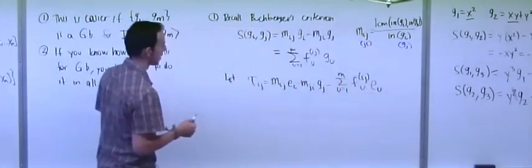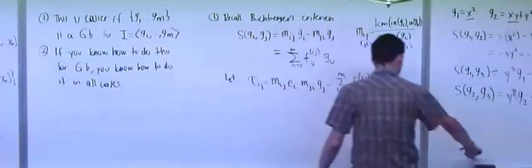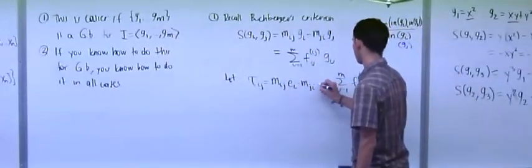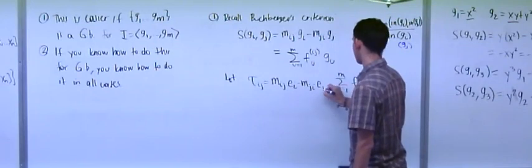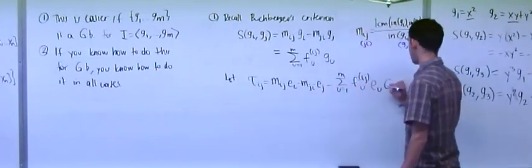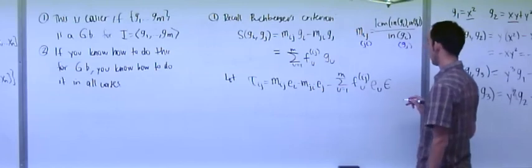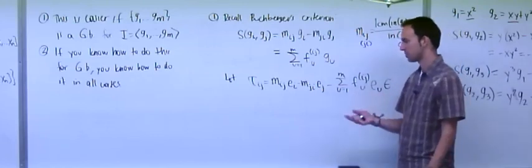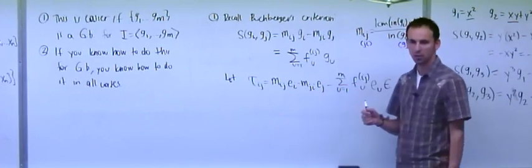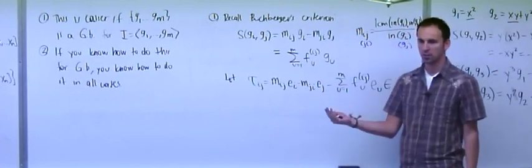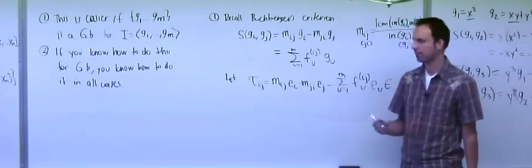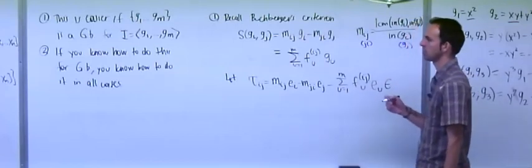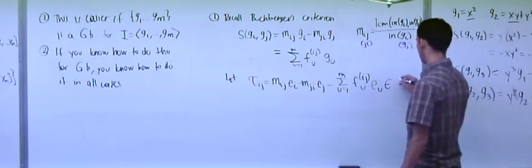So the only reason that I want to do this is an e right here, is that I want this to live. I'm thinking of e's as just indeterminates. Okay, I want one indeterminate for each one of the gi's, and this is going to live in the following module.